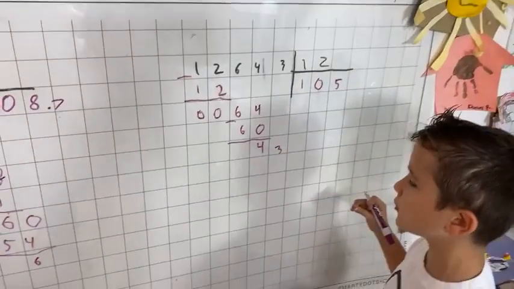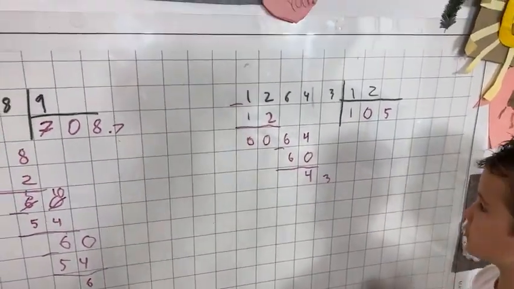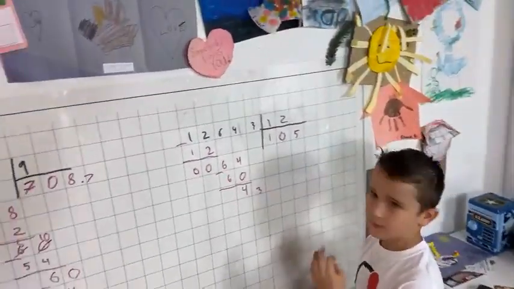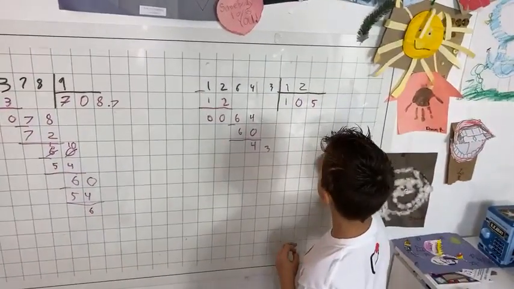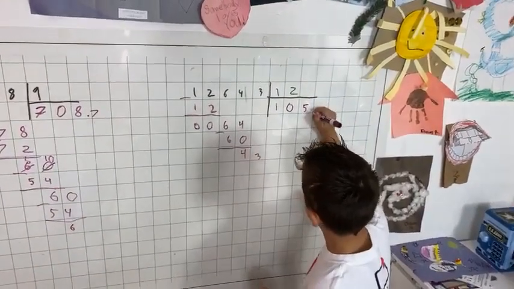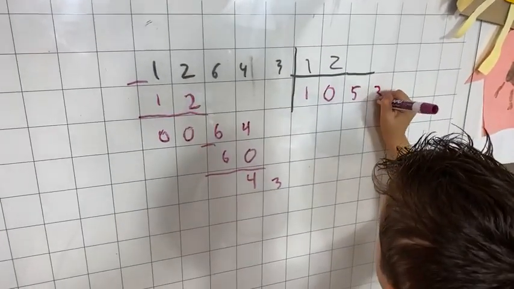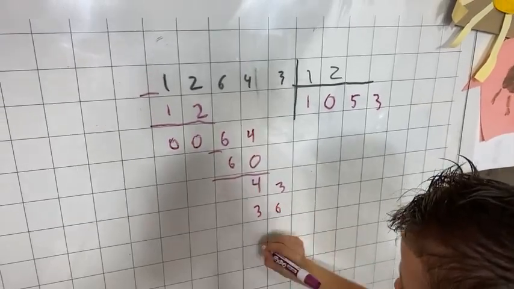So the closest we can get to the 12 is a 36, because we can't get closer to the 48, that's 4 times 12. So 3 times 12 is 36, and that's the closest we can get. So we're going to put a 3 here, and then put a 36 here.